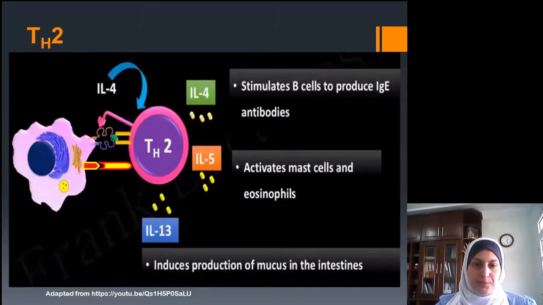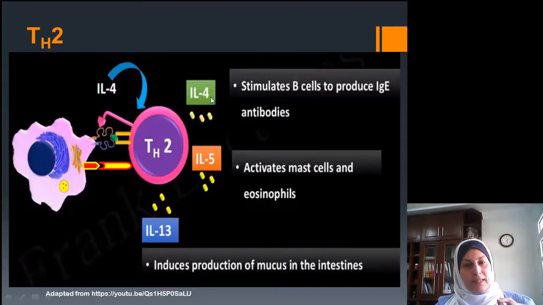The Th2, of course, we've got the first signal, the second signal, and the third signal is interleukin 4, which is produced when there is a parasitic infection. So when there's a parasite, the macrophages will produce interleukin 4. This would stimulate the CD4 T cell to become a Th2 T cell that is able to produce interleukin 4, 5, 13.